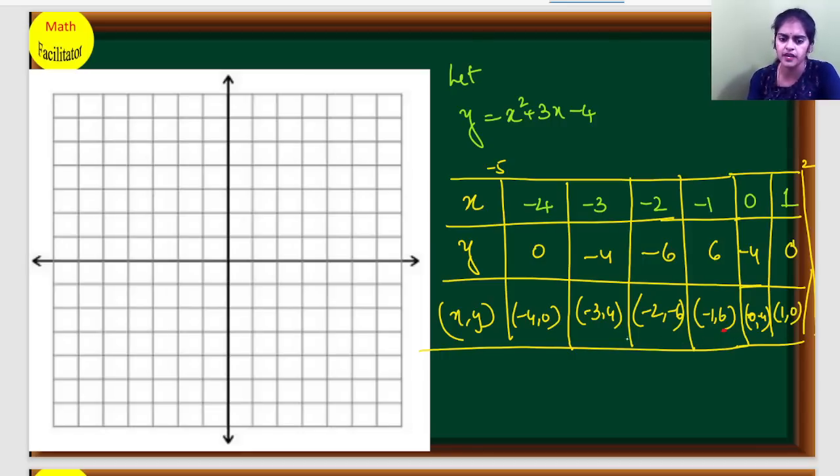I can see the minimum value is minus 4. So it will fit into my graph paper. So I'll take the scale on the x-axis. This is very important, you write the scale. 1 centimeter is 1 unit, and on the y-axis also 1 centimeter I am taking as 1 unit, because the maximum value of the points is only 6 or minus 6. So I can happily fit here.